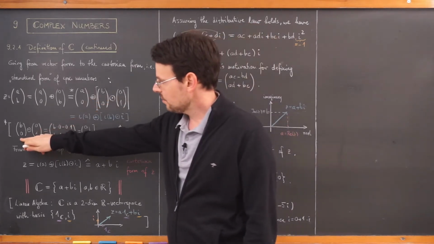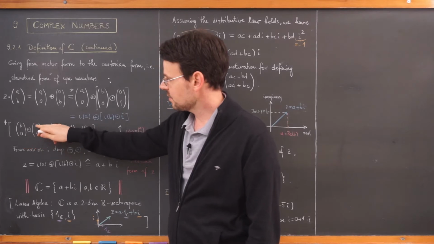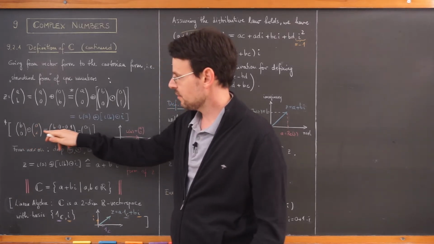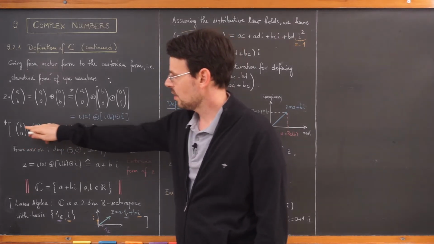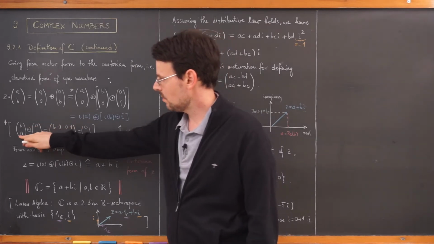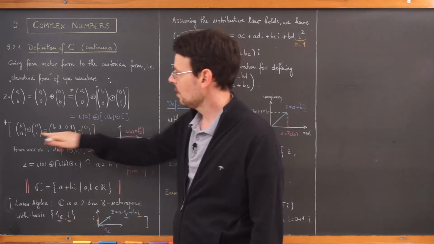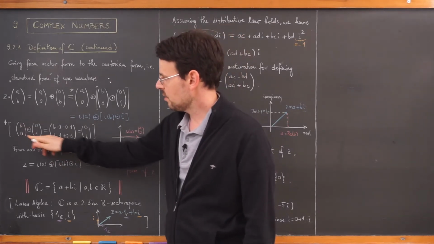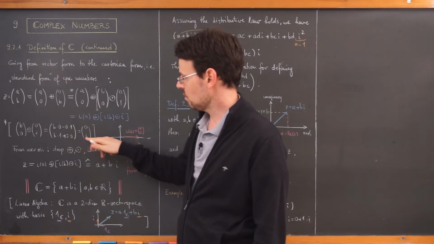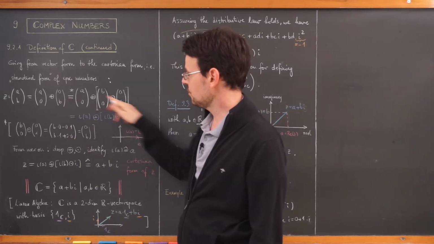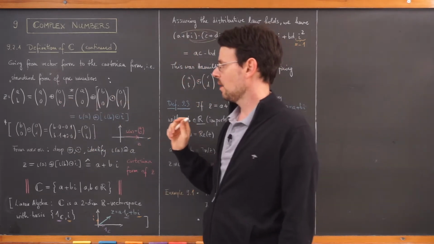This is done here. b0 times 0, 1 is by definition nothing but b times 0 minus 0 times 1, which is 0. And here b times 1 plus 0 times 0, which is b. So this proves this step.